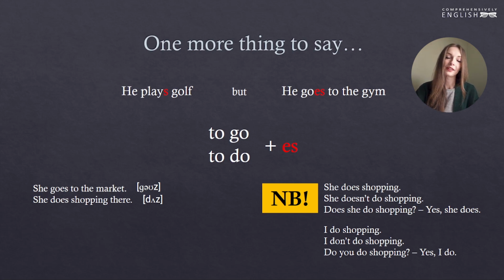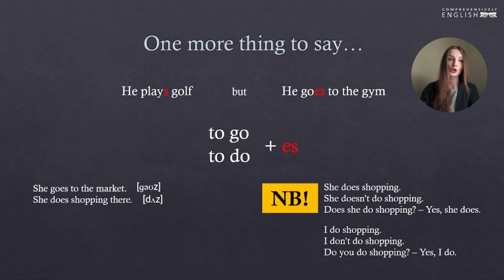Also, please note that sometimes you might need to have 2 do's in your sentence. What does it mean? Your main verb might be to do, and your auxiliary in the present simple is to do. So thus you have double do in your sentence. She does shopping. She doesn't do shopping.